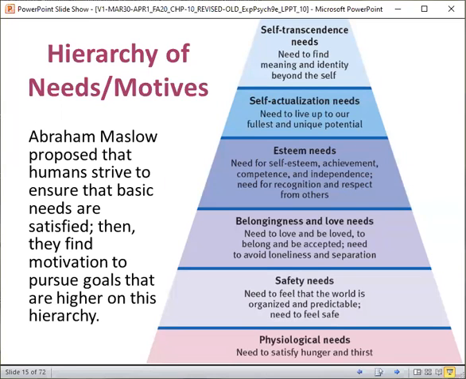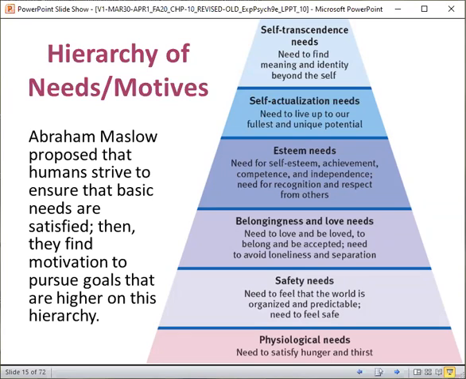tend to have some degree of saying where we fall on this hierarchy. Most of us do not have to worry, for the most part, about physiological needs. Not in a country like ours, for the most part. Most of us, for the most part, don't have to worry about safety needs compared to other parts of the world where it's a very major concern.